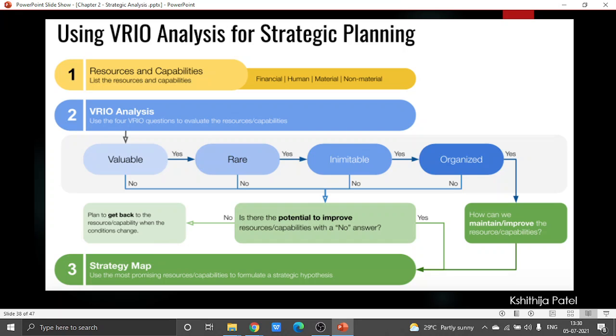If no, is there the potential to improve them? If the answer is no, then plan to get back to the resource or capability when the conditions change. If there is potential to improve, then the organization has to use a strategy map, an activity where it uses the most promising resource to formulate strategic hypotheses.